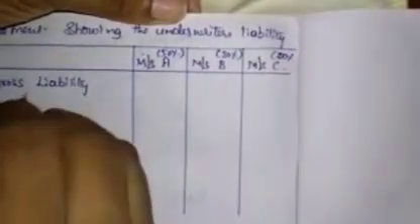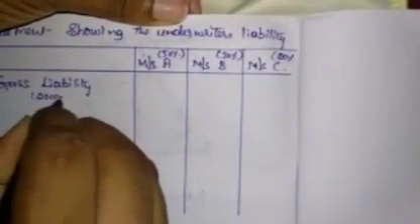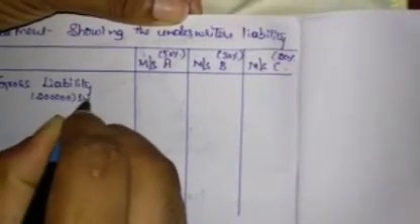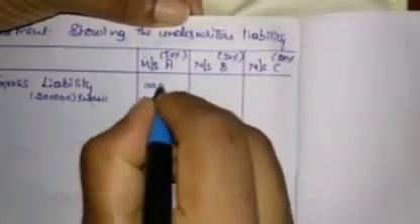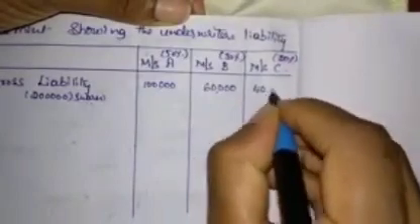The total issue is 2 lakh shares. 2 lakh into 50% is 1 lakh shares. 2 lakh into 30% is 60,000 shares. 2 lakh into 20% is 40,000 shares.